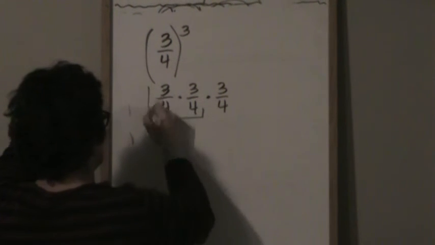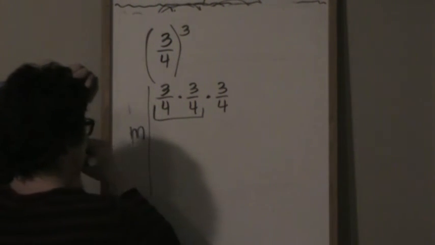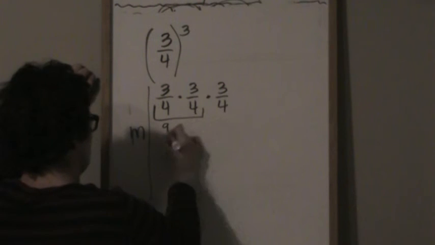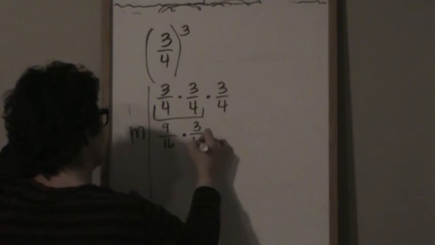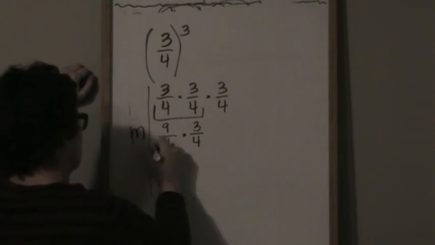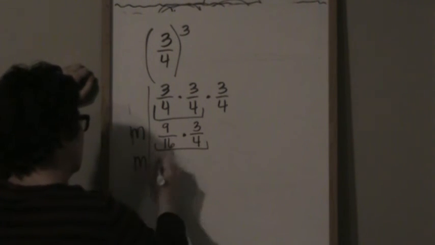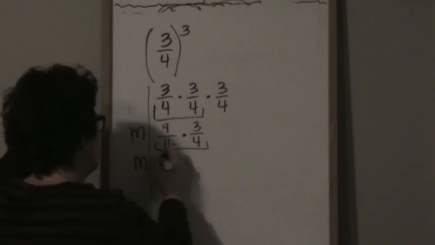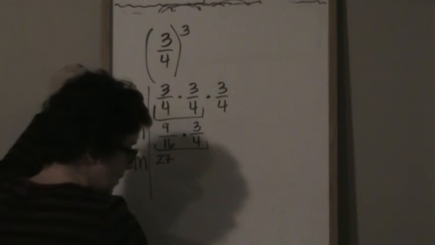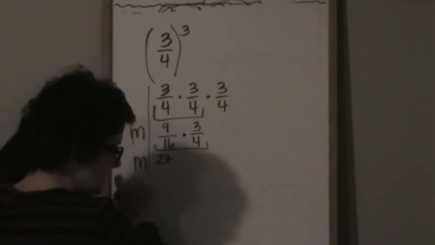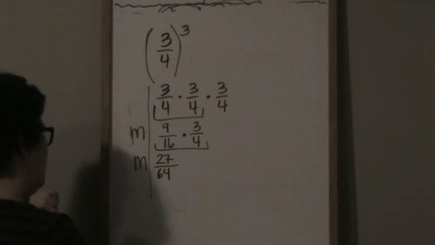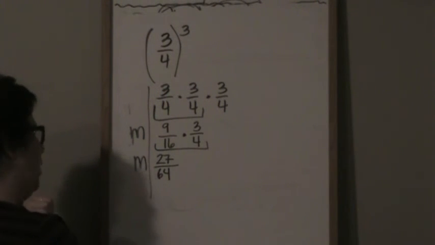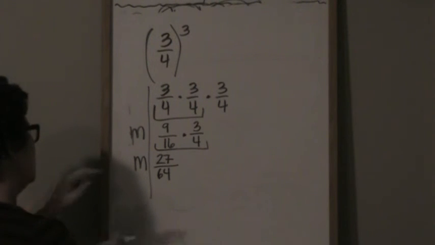Do this one first. 3 times 3 is 9. 4 times 4 is 16. Nine times 3 is 27. And 16 times 4 is 64. Okay, let's see if we can reduce those. Okay, does 9 go in?